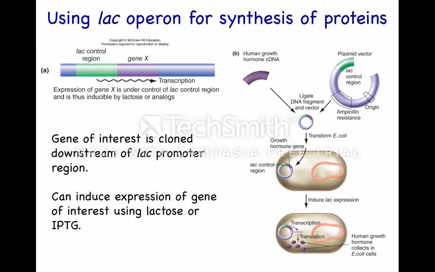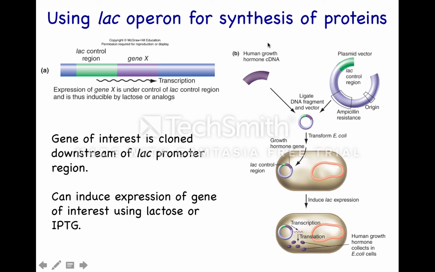One place where many scientists have co-opted the lac operon is in the synthesis of proteins. If someone, for example, wants to produce insulin, they're interested in using bacteria to produce insulin that can then be purified and injected into humans who have type 1 diabetes.